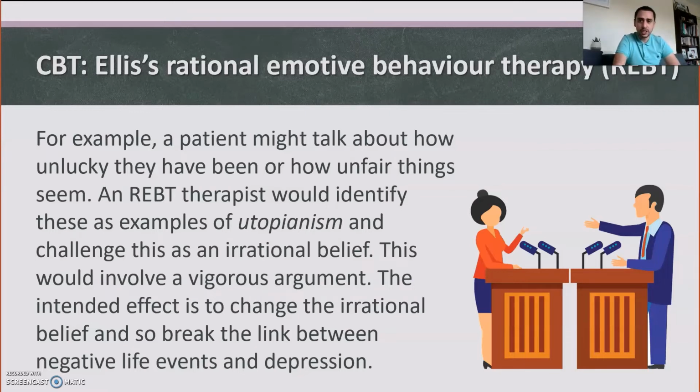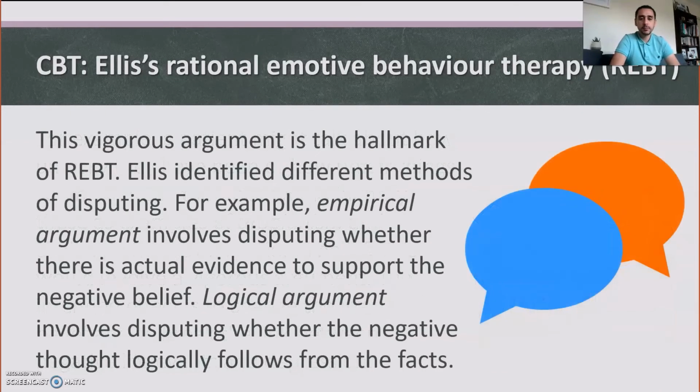So the D is dispute. Again, we are challenging these irrational beliefs. And then E is effect. Hopefully we're going to break the link between these negative life events and depression. This vigorous argument is the hallmark of REBT.